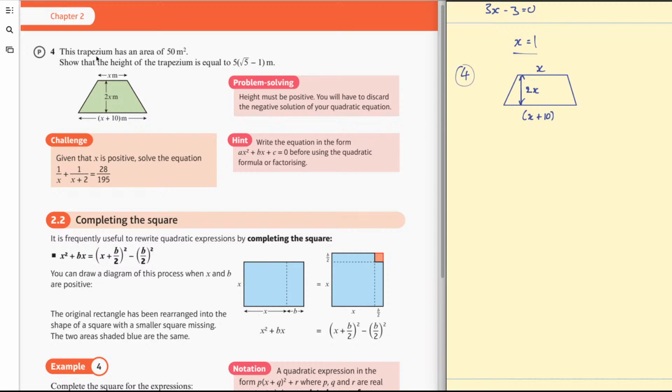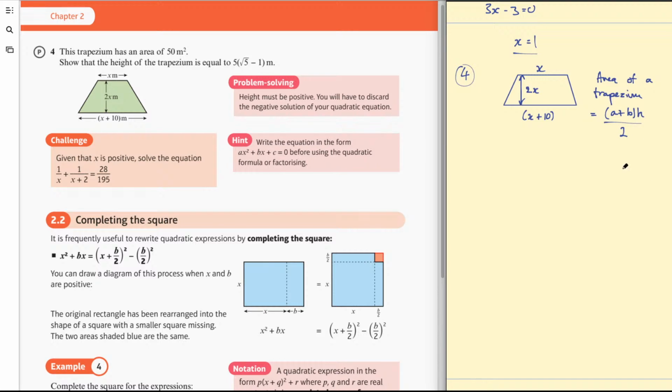Okay, so we're trying to show that the height is 5 root 5 take 1. And we're given an area. So let's firstly create an equation. Remember, the area of a trapezium is the top plus the bottom multiplied by h divided by 2.